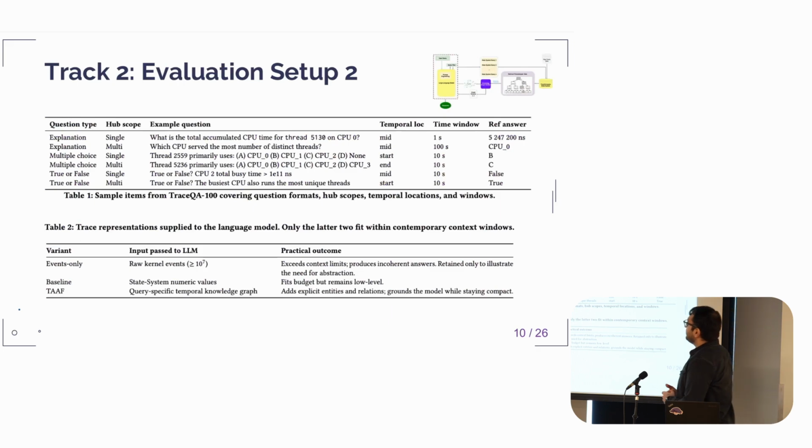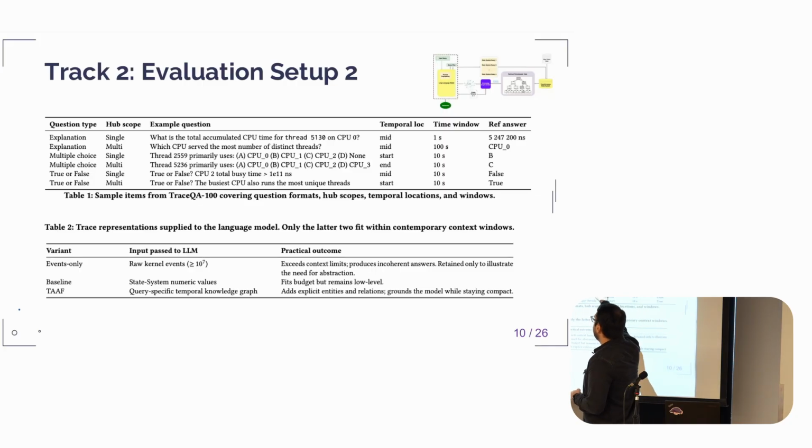In this table, you can see what the actual questions look like in TraceQA-100. For example, one question would be, what is the total accumulated CPU time for thread 5130 on CPU 0? So this is a single-hop question because it's only targeting one edge between 2 nodes in the graph.